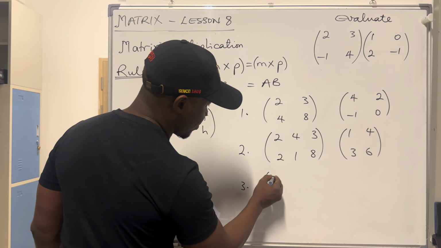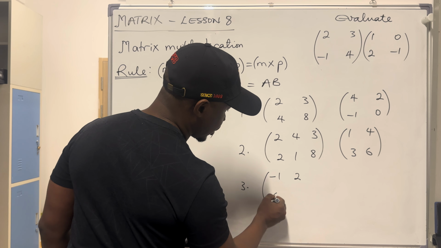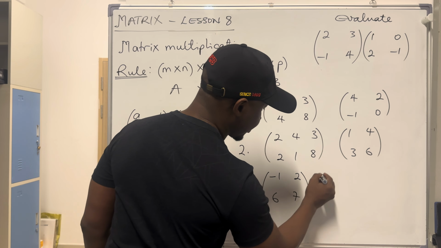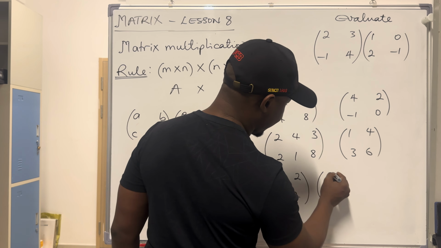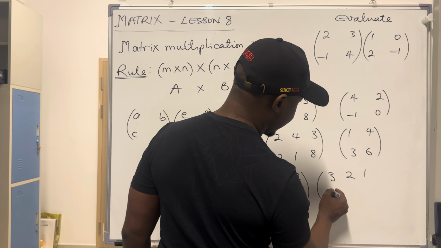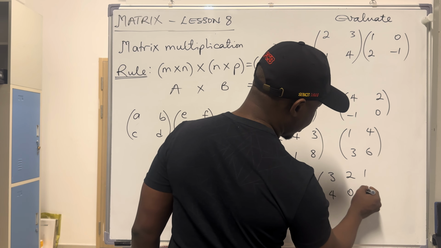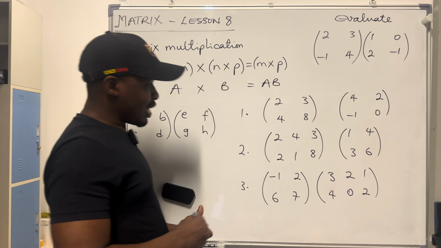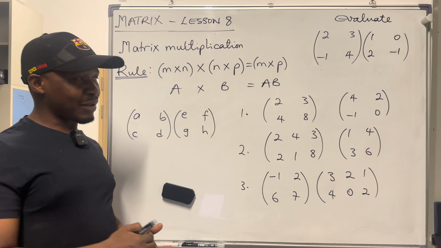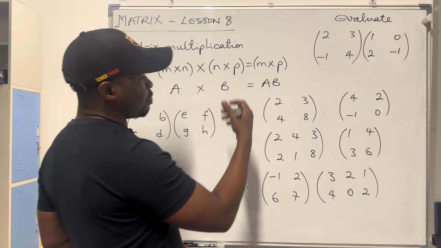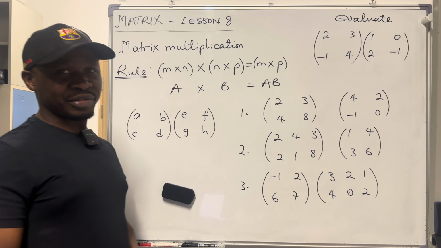Let's say here we have minus 1, 2, 6, 7. Then here we have 3, 2, 1, 4, 0, 2. Let us try to understand first which of these pairs can be multiplied.